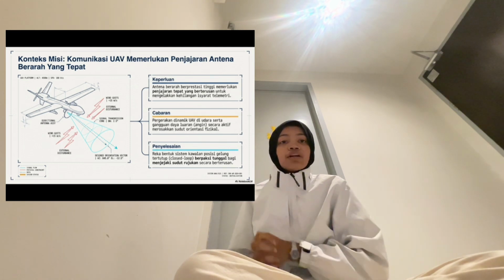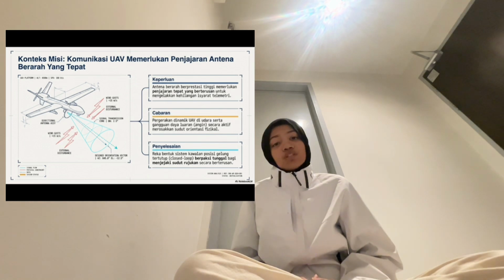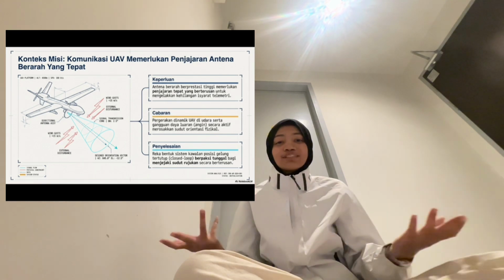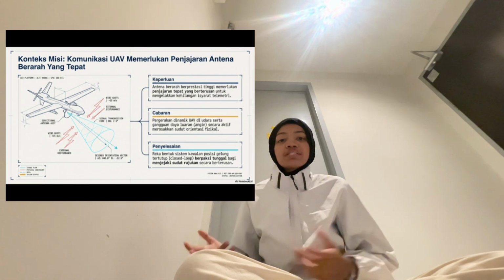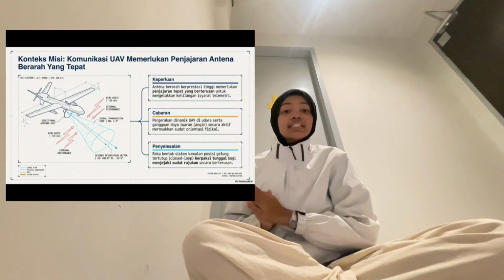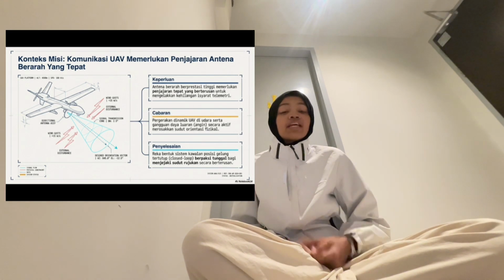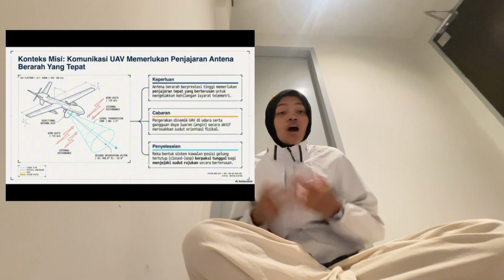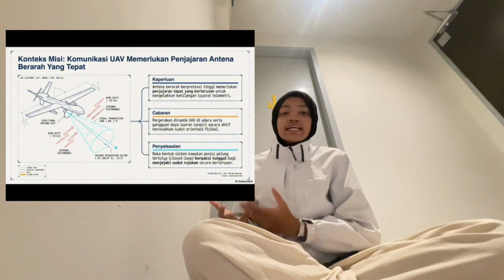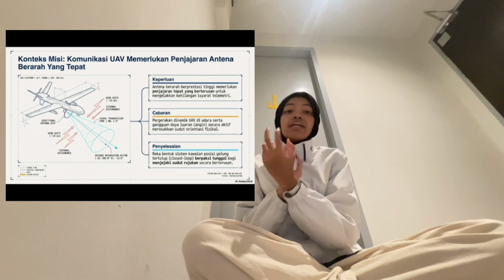Therefore, instead of controlling the antenna manually, we use a closed-loop feedback control system. The controller continuously compares the desired antenna value with the actual antenna position. If there is an error, the controller automatically adjusts the motor until the antenna returns to the correct direction.